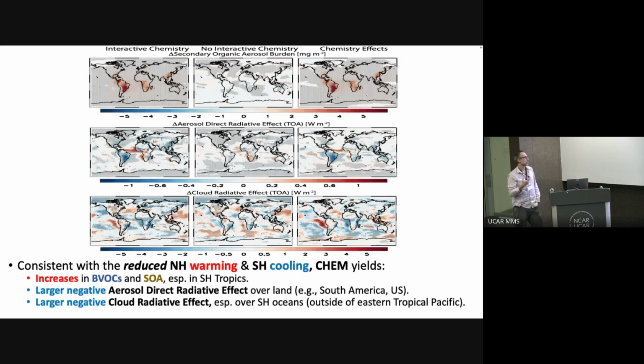This in turn is associated with a decrease in the aerosol direct radiative effect at the top of the atmosphere. That's the middle row, and again, this is largely in the southern hemisphere. The bottom row shows the change in the cloud radiative effect at the top of the atmosphere. Most of that is a negative cloud radiative effect, largely over the southern hemisphere oceans.